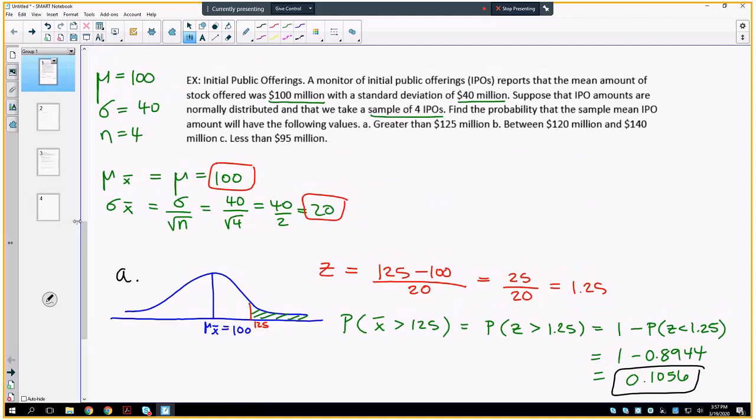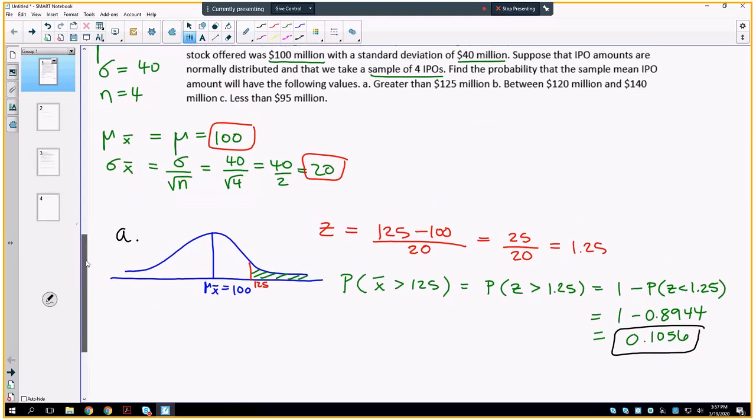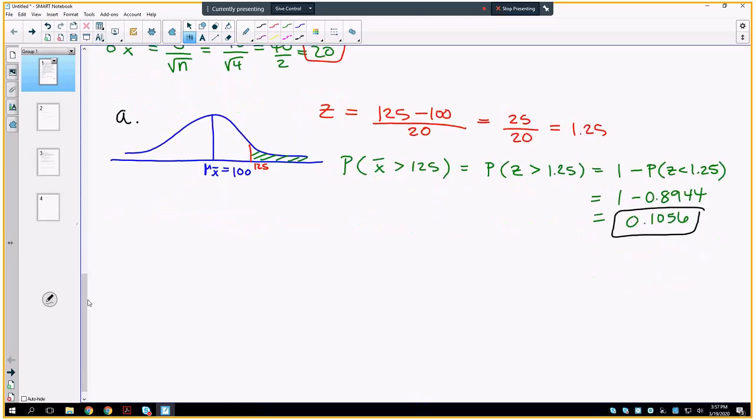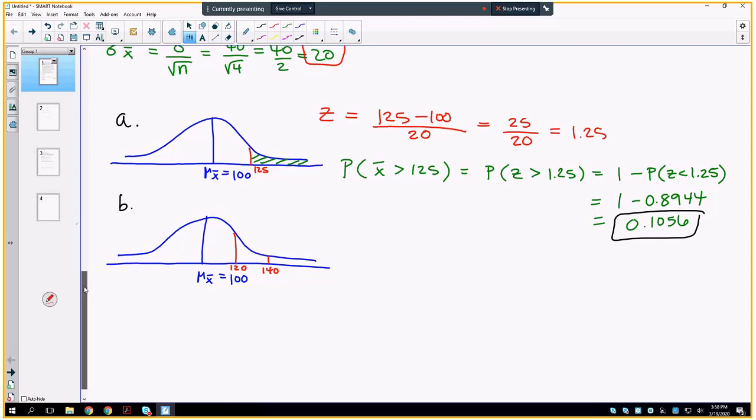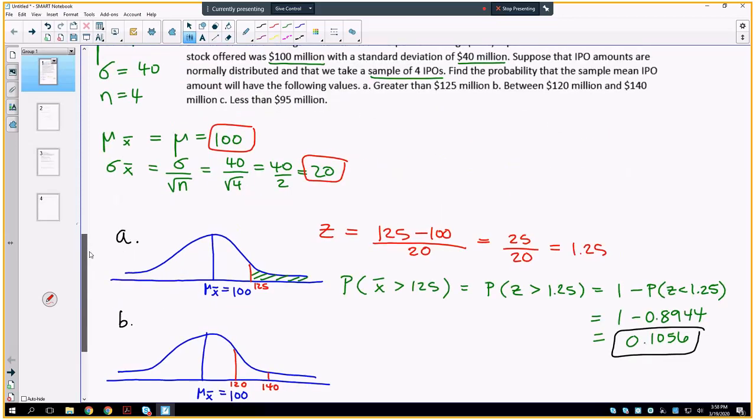All right, let's see. Question B is between 120 million and 140 million. So B, between 120 and 140. Again, I can draw my distribution. And I know that mu x bar, right here in the middle, is 100. The question is asking me, between 120 and 140, what is the probability that my sample mean lies there?